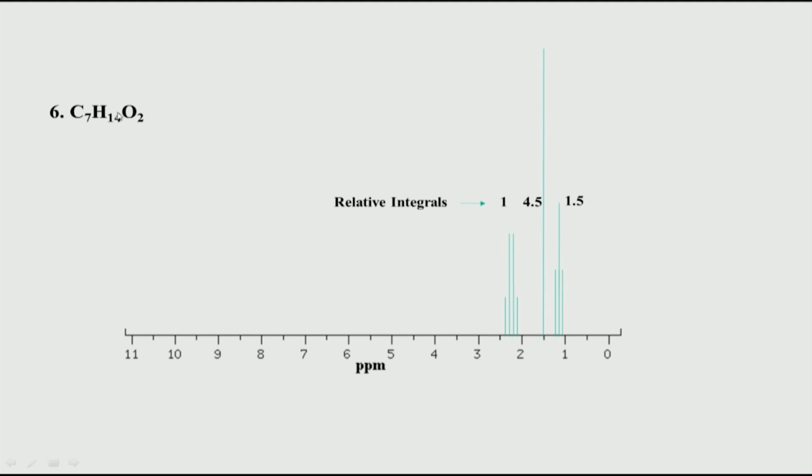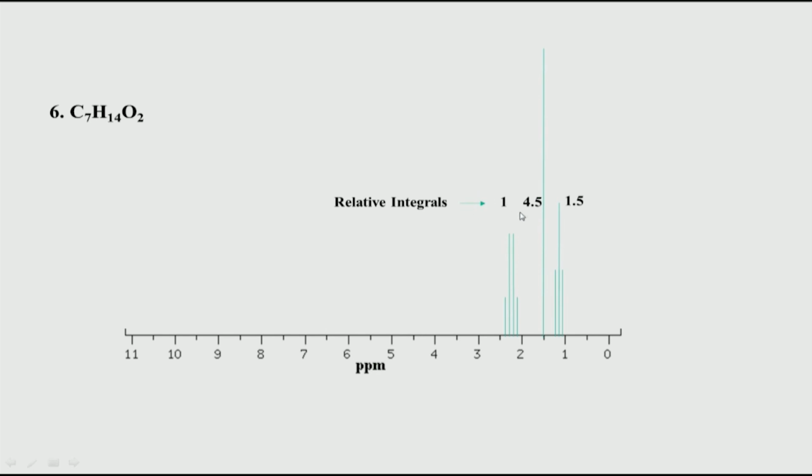I expect 14 protons, but if you add up this 4.5 plus 1.5 plus 1, it adds up to 7. So, if I want to get 14, I have to multiply all of this with 2. If I multiply by 2, I will get 2 here, 9 here and 3 here. That means there are 3 protons in this, 9 protons in this tall peak, and there are 2 protons in this. That is how we have to interpret.